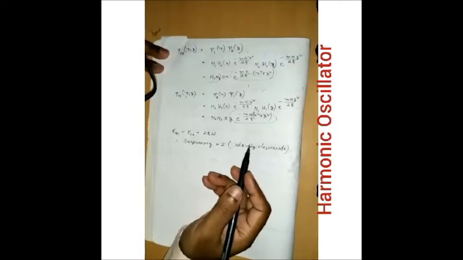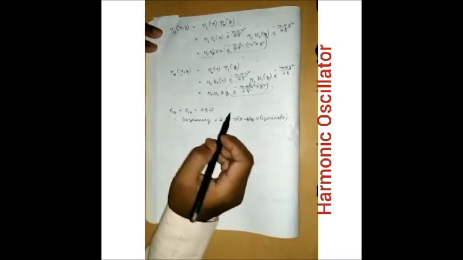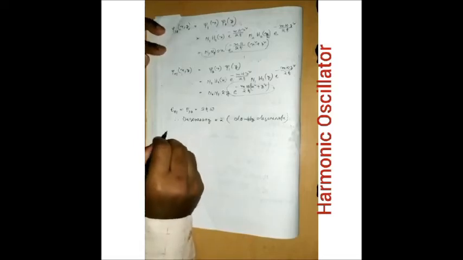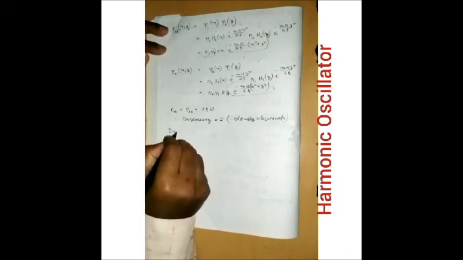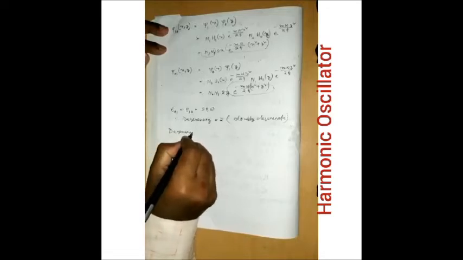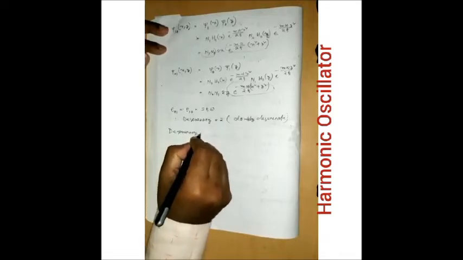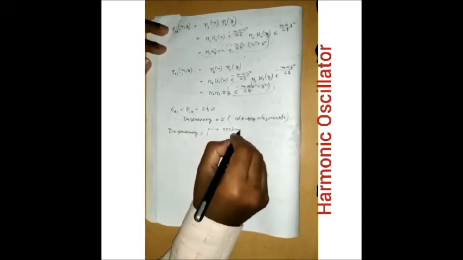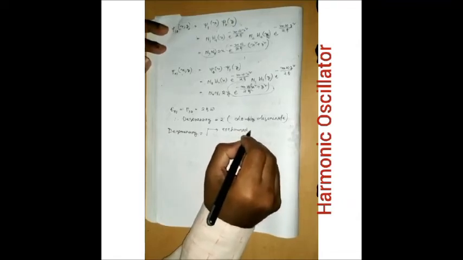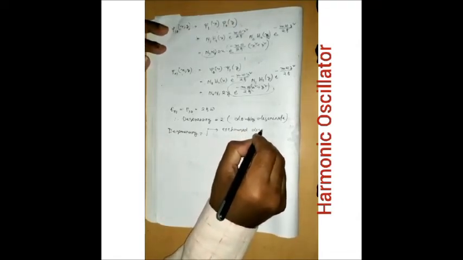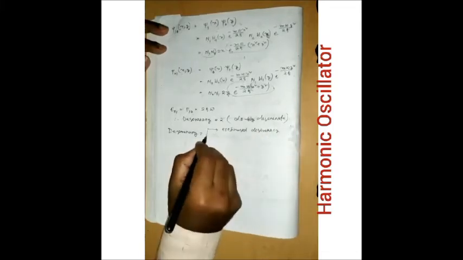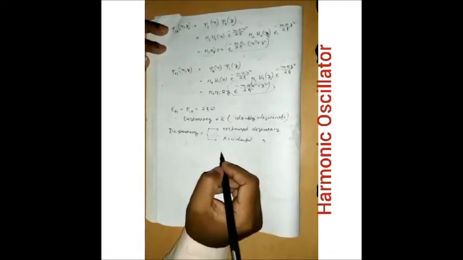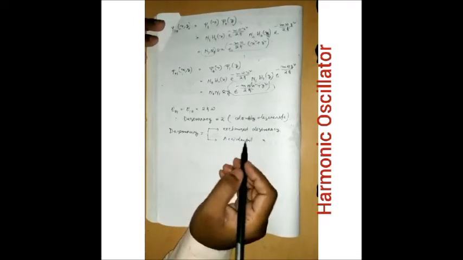Now I mentioned earlier what types of degeneracies there are. Basically, degeneracy is of two types. One is exchange degeneracy, and another is called accidental degeneracy. Now, what are exchange degeneracy and accidental degeneracy?